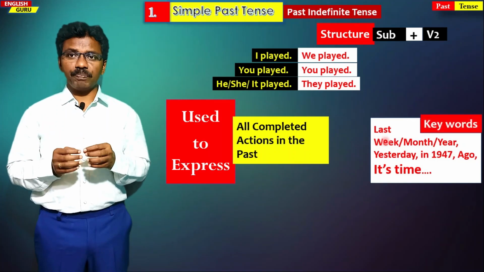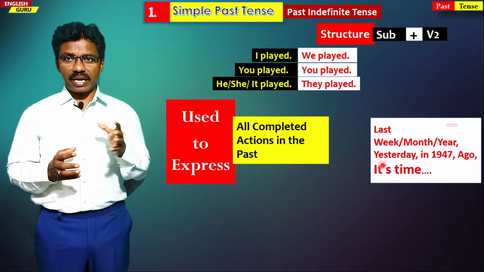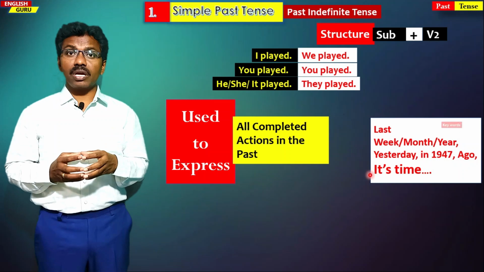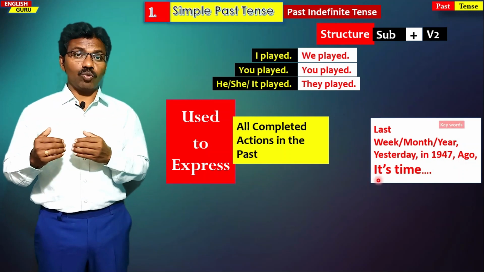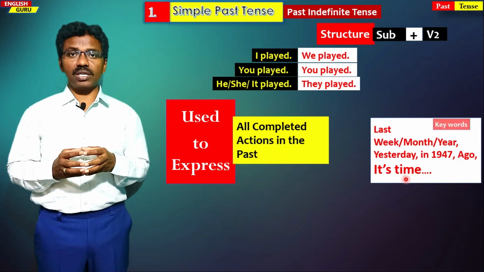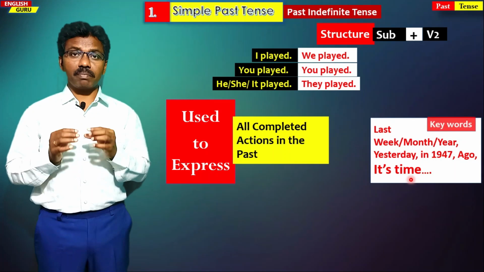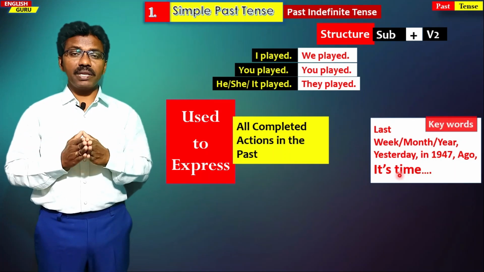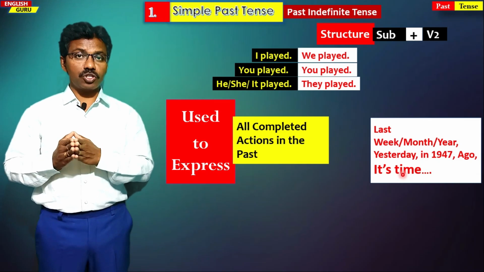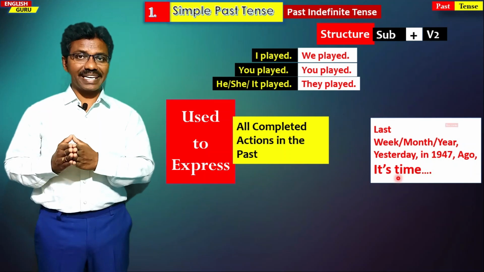Those keywords are last week, last month, last year, yesterday, in 1947, in 1942, ago, and one more important keyword, it's time. It's a phrase actually. Whenever we use this phrase, it is a must to use simple past tense after it's time. Which means verb 2, the past form of a verb, should be used after it's time.